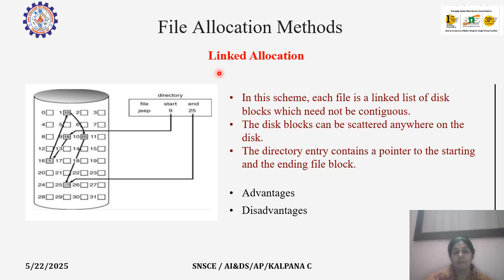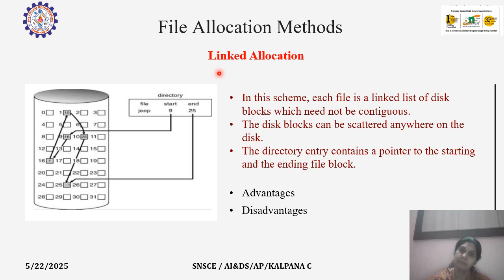In the previous lecture we were discussing what is file allocation and what is the sequential, that is contiguous, file allocation method. This contiguous file allocation method has some disadvantages.